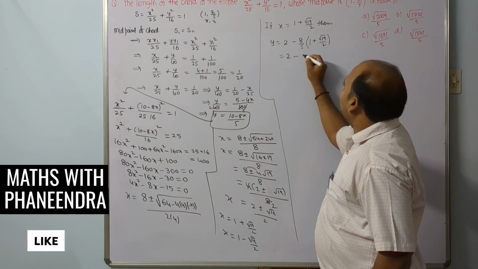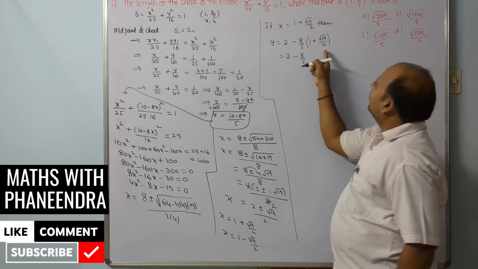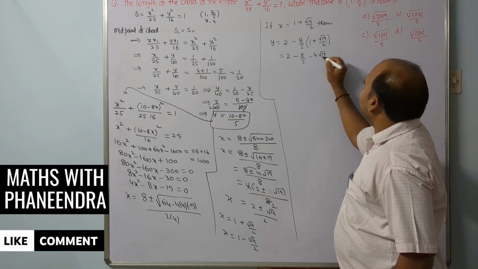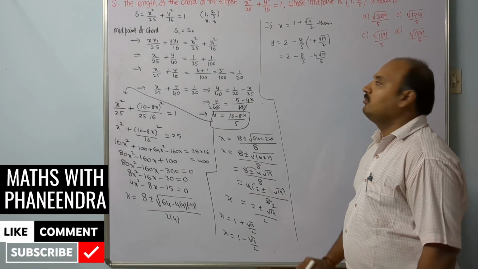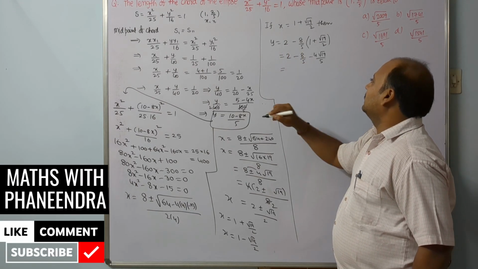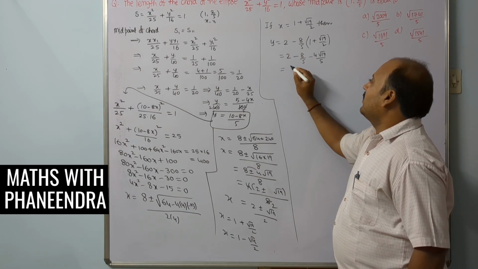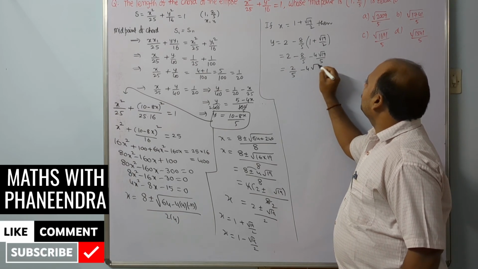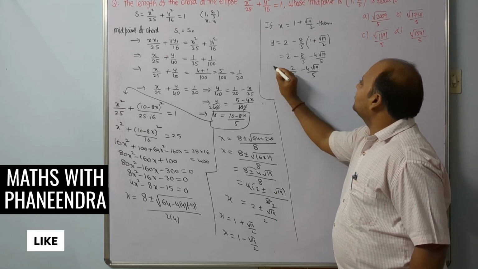So 2 minus 8 by 5, here 2 4s are 8, so minus 4 root 19 divided by 5. 5 2s are 10, 10 minus 8 is 2 by 5, minus 4 root 19 divided by 5. This is the value of y.